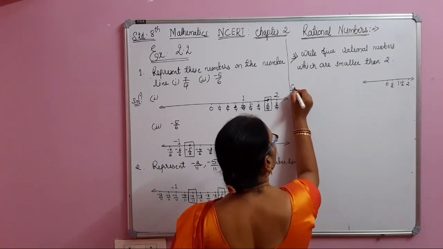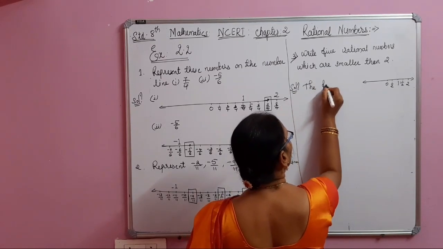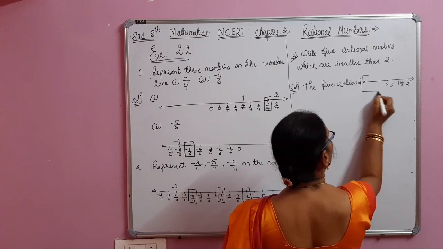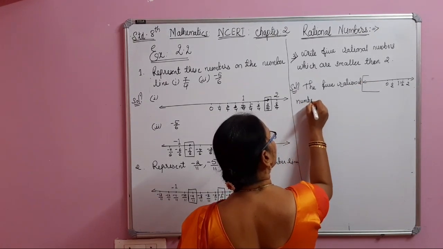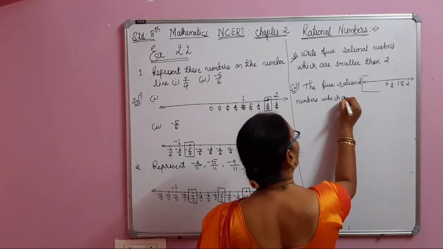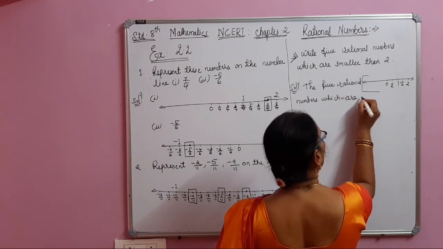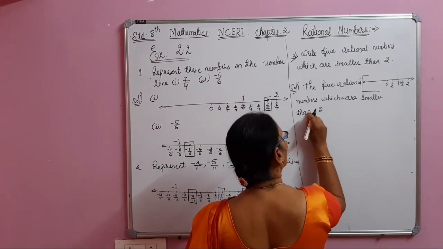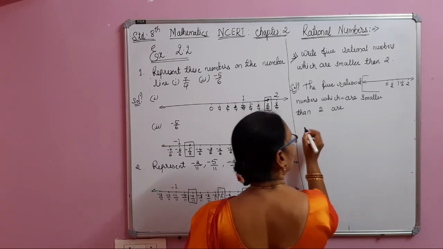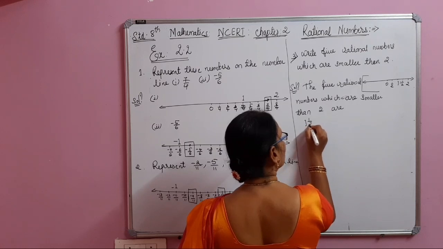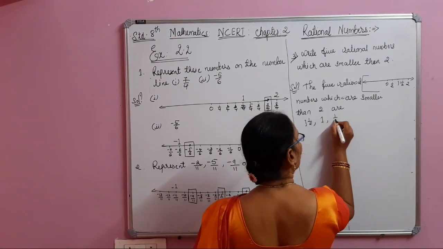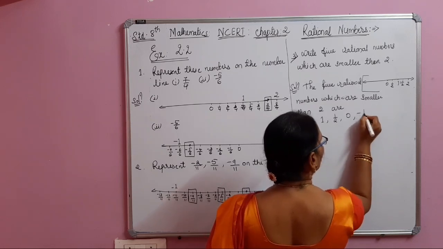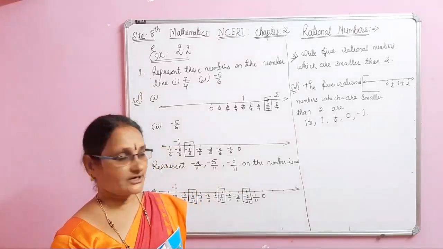See now, the 5 rational numbers which are smaller than 2 are: 1 and 1 by 2, 1 by 2, 0, 1, then next one is minus 1. These are all rational numbers which are smaller than 2.